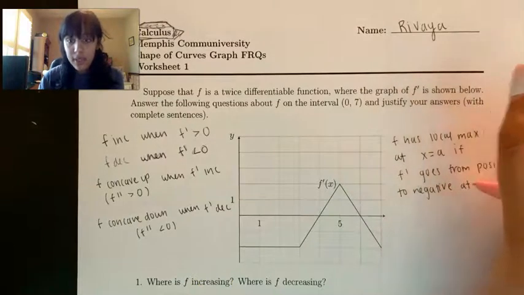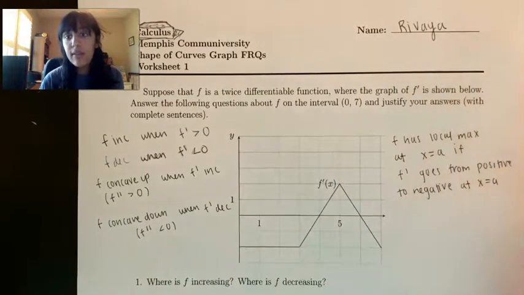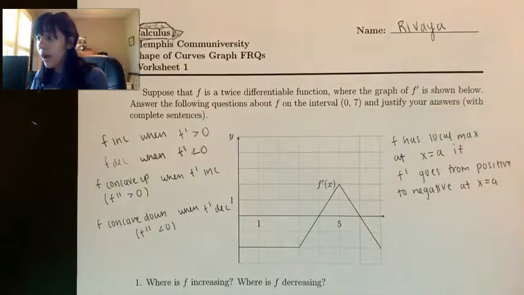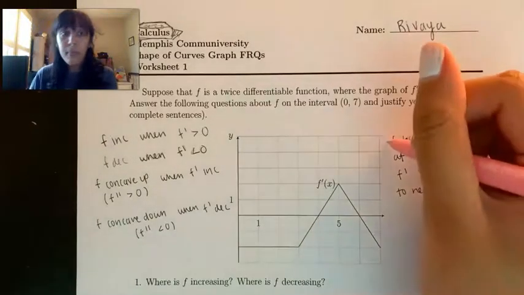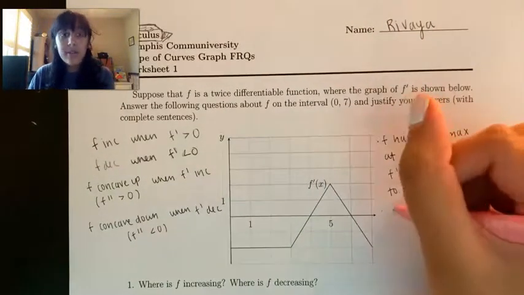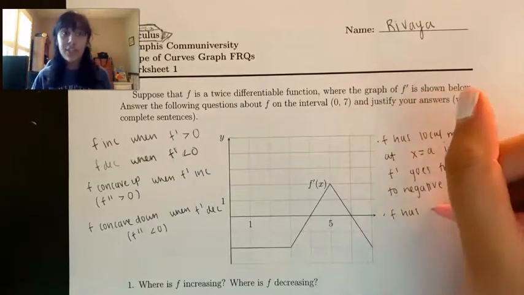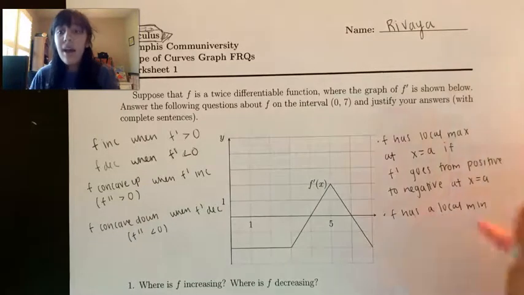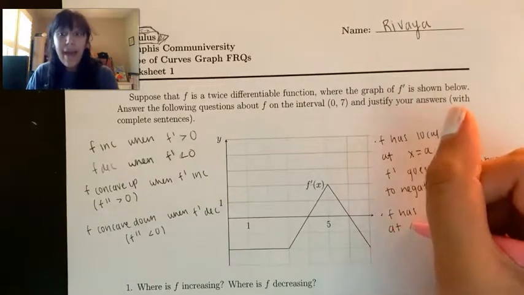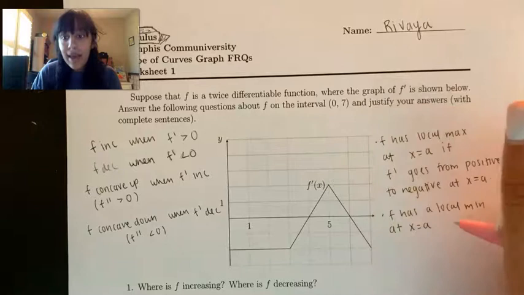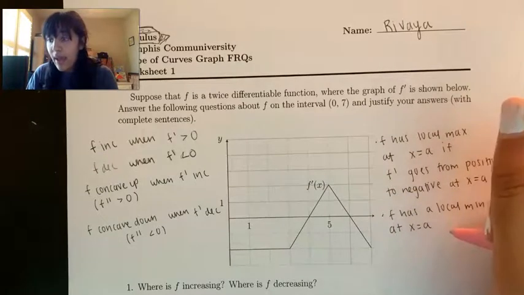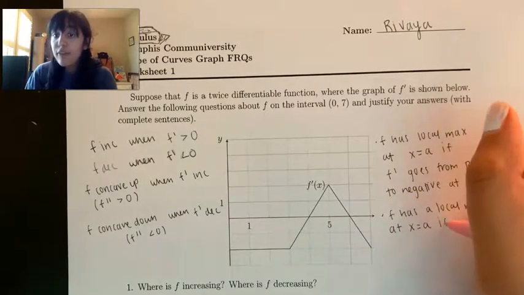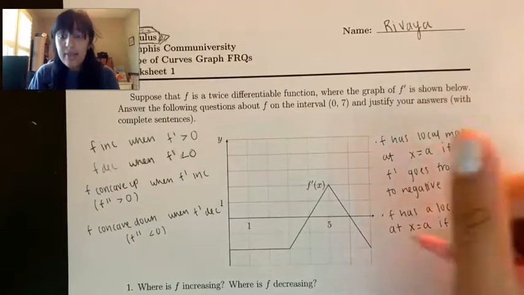And then the next rule is for the local minimum. Local max and min can also be called relative max and min. It's interchangeable, so don't get confused if you see something different because they mean the same thing. So f has a local min at x equals a if f prime goes from negative to positive at x equals a.